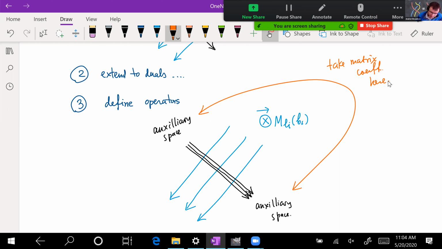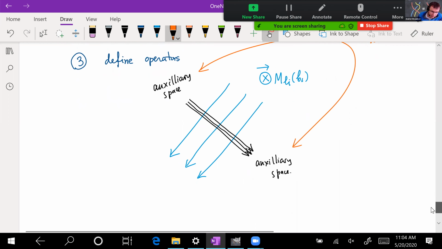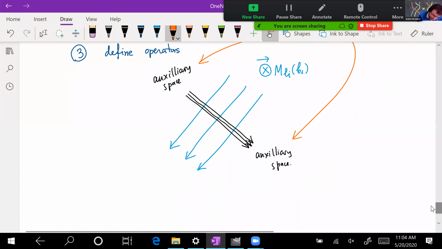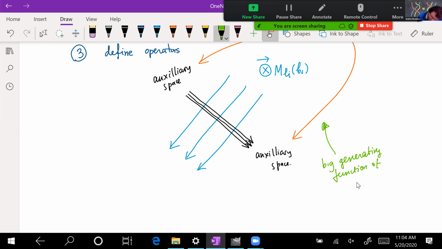And so then, these are the operators. And so the next time we will start with verification. The point is that this matrix element is really a big generating function of operators. Because this auxiliary space may also be infinite dimensional, so this is some big object.